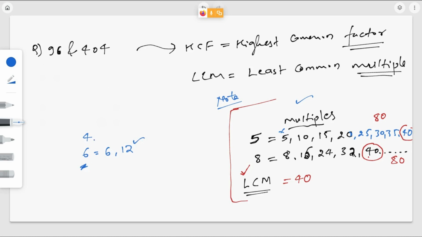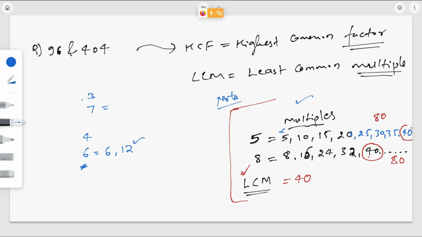No need to write the multiples of 4. Start from the greater number. Let me take one more example, 3 and 7. You need to pick the greater number, 7, and as the given numbers are co-prime, they don't have a common factor, so it is not required to write the multiples of 7.